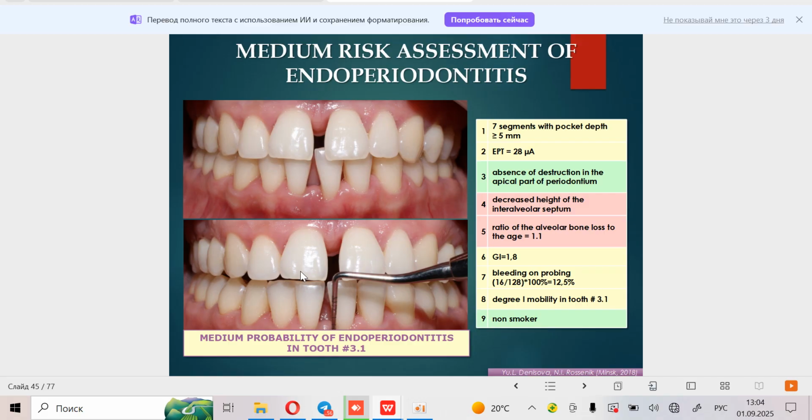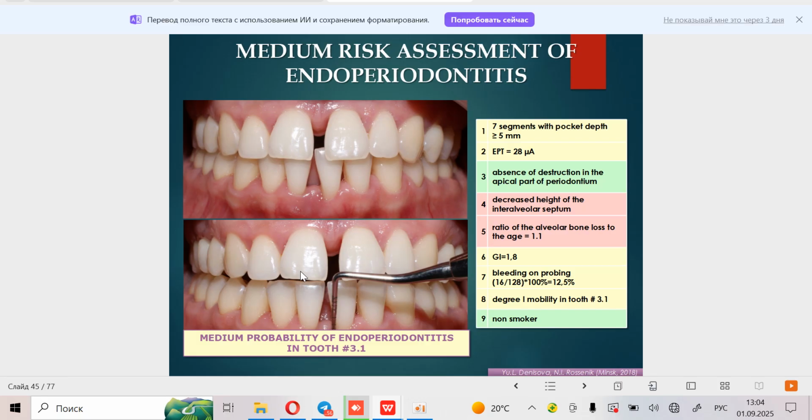The next case, medium risk assessment of endoperiodontitis. You can see the clinical picture with pathological migration and endoperiodontitis of tooth 3.1. Most prognostic criteria are in the middle range.